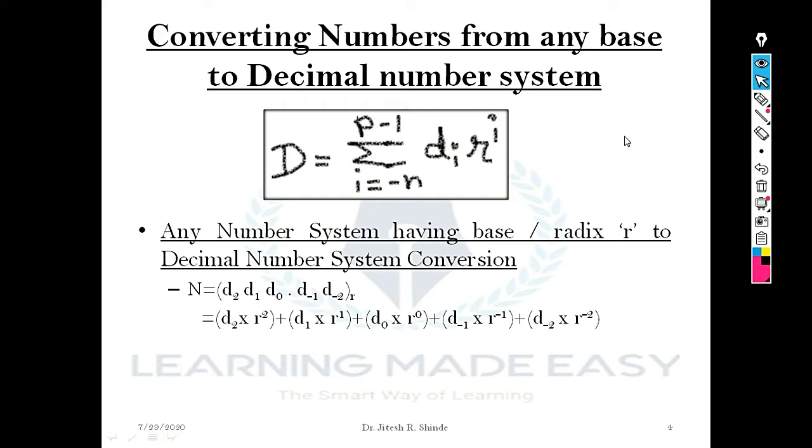In this formula, minus n is minus 2 and p minus 1 value is 2. So the formula becomes d2 into r to the power 2 plus d1 into r to the power 1 plus d0 into r to the power 0 plus d to the base minus 1 into r to the power minus 1 plus d to the base minus 2 into r to the power minus 2.